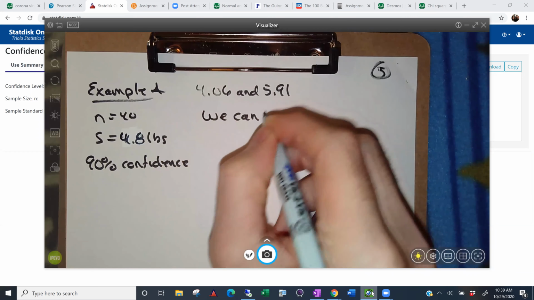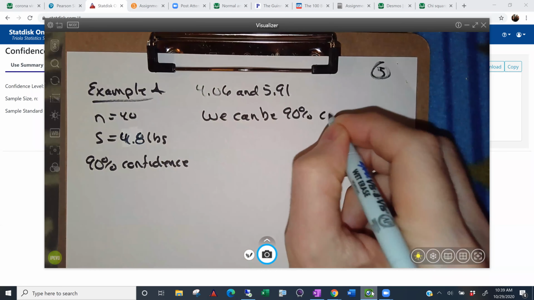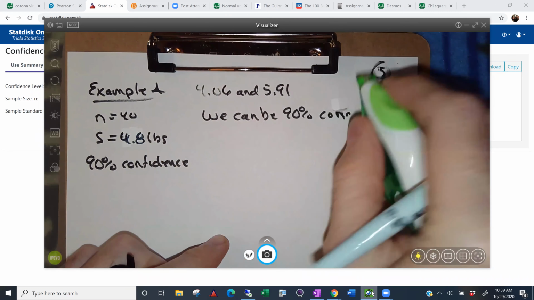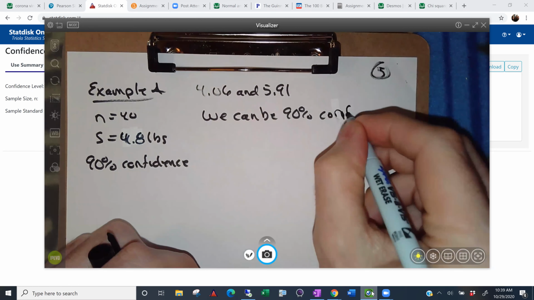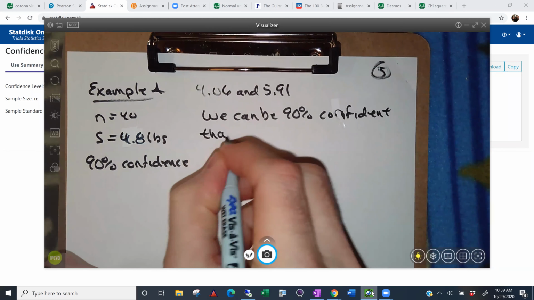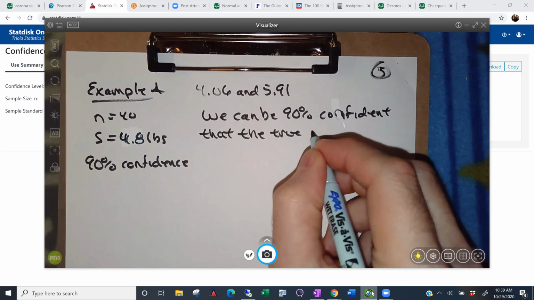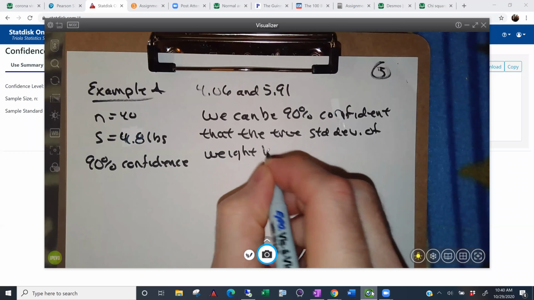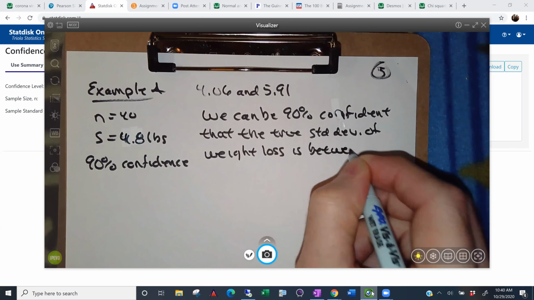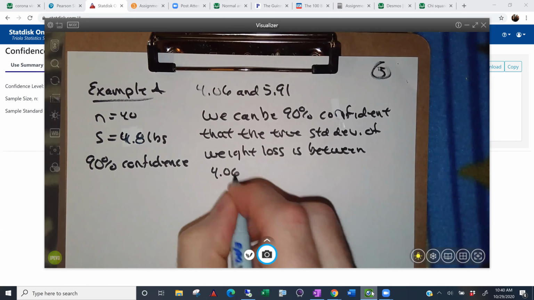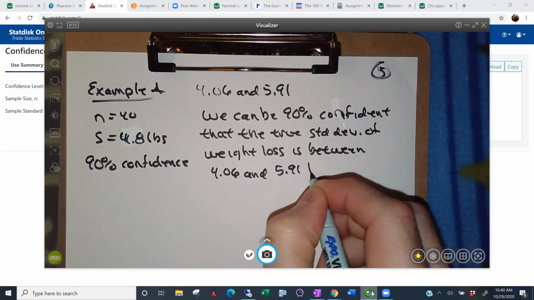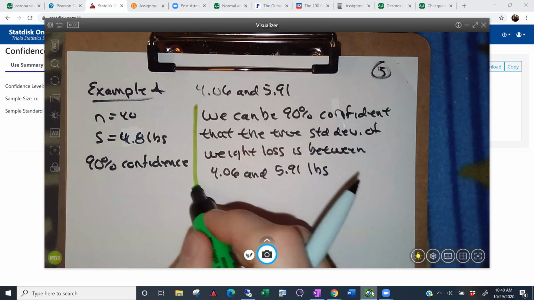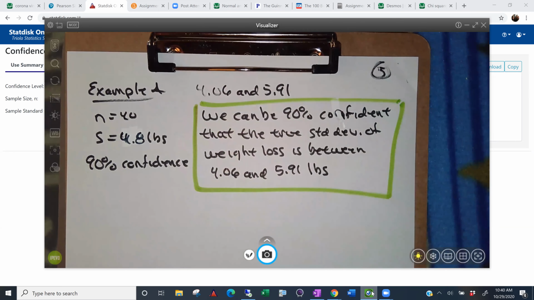We can be 90% confident that the true standard deviation of weight loss is between 4.06 and 5.91 pounds. Beautiful.